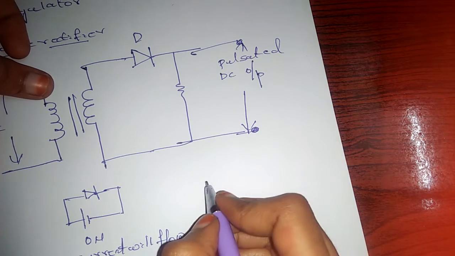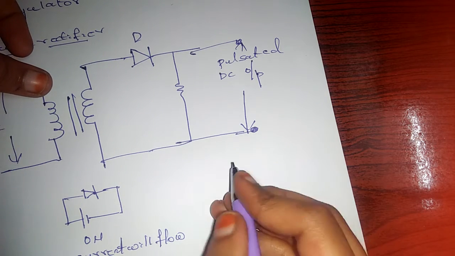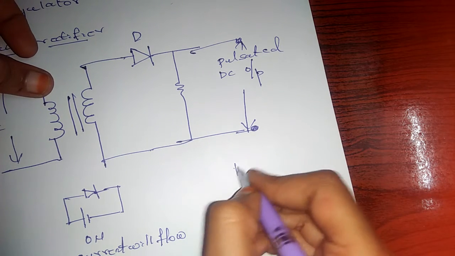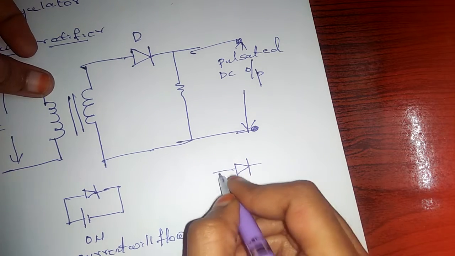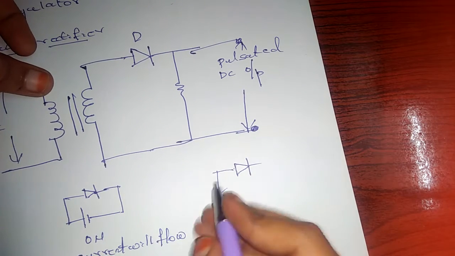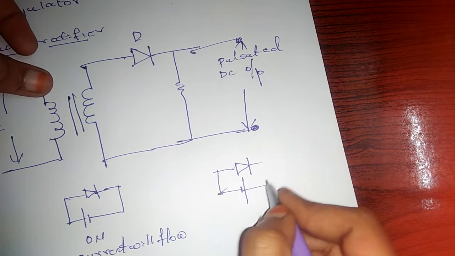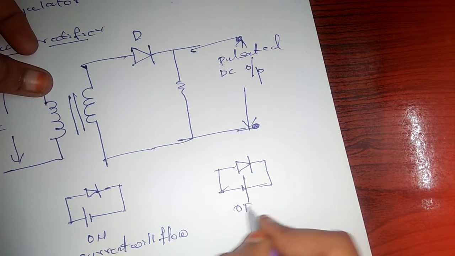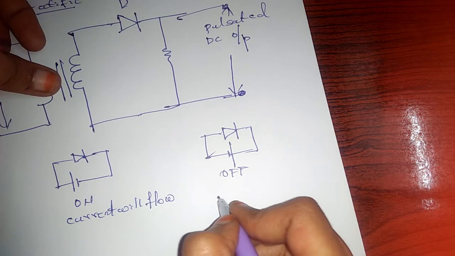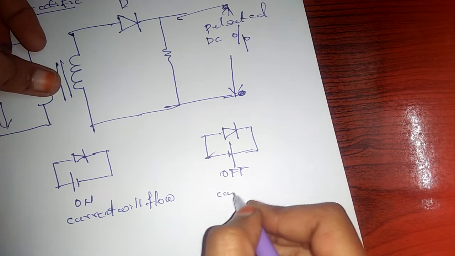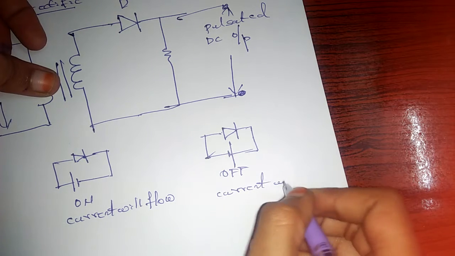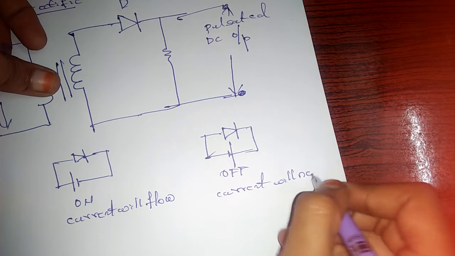It acts as an off switch whenever it is given reverse bias. Off means no current will flow.